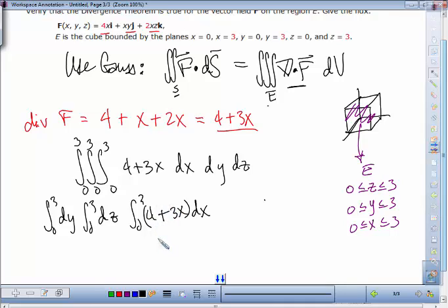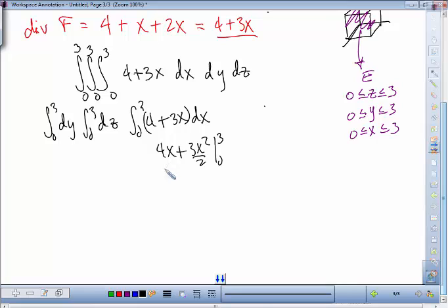So that's 4x plus 3x squared over 2 from 0 to 3. 12 plus 9, 27 over 2, times 3 times 3.